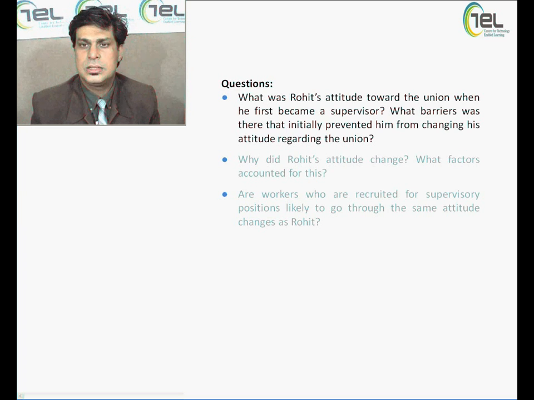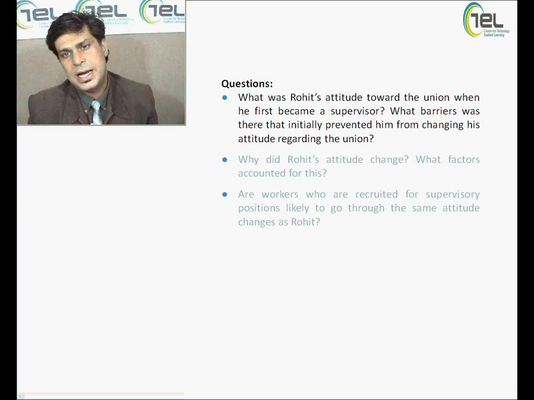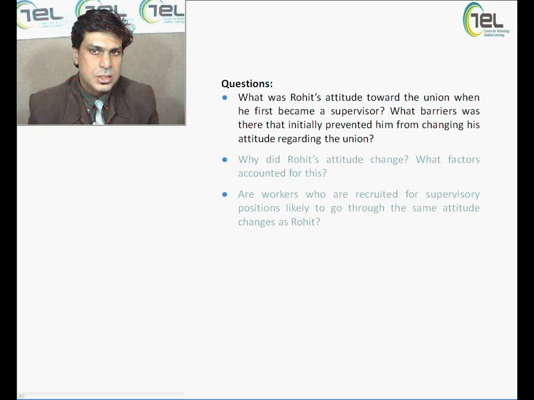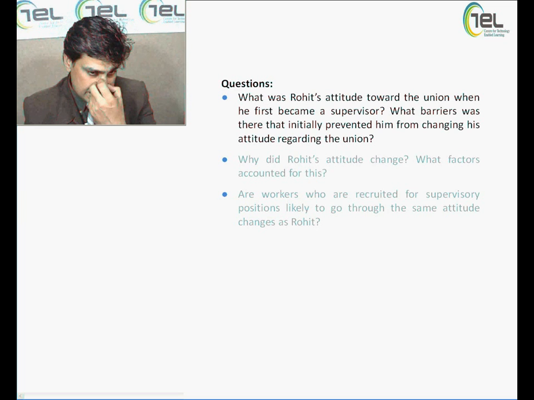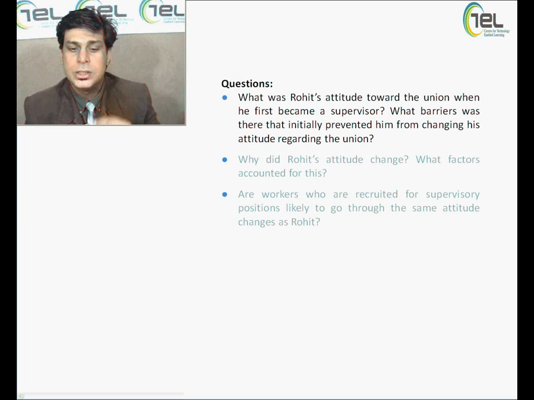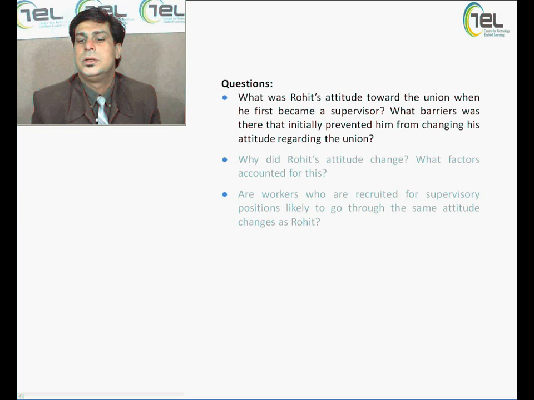He feels that the management is not well informed, or has not studied the situation well, and is biased towards the workers, which means it's pro management. Now that makes his situation such that he is considering that the management is not being fair.